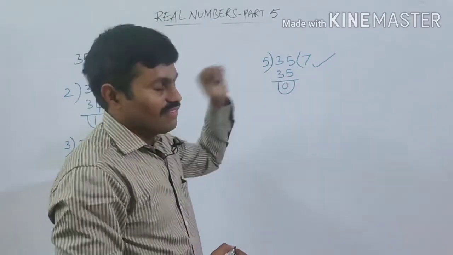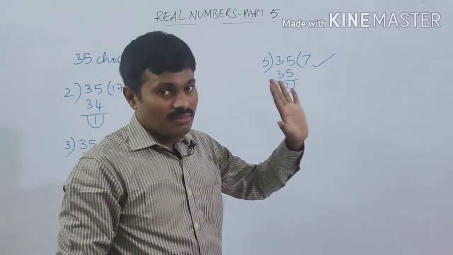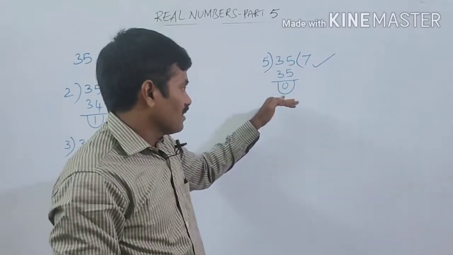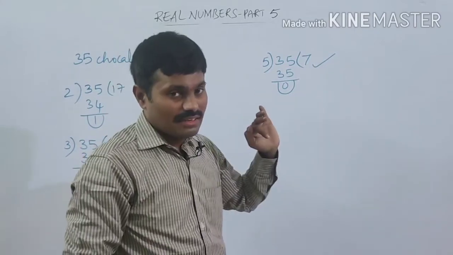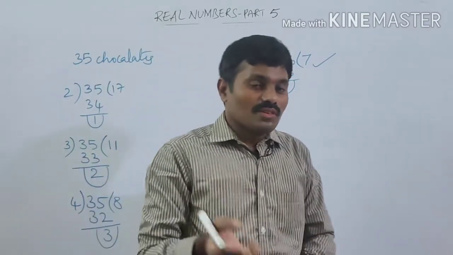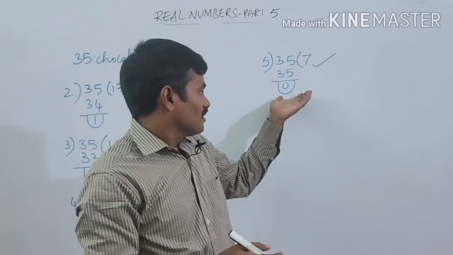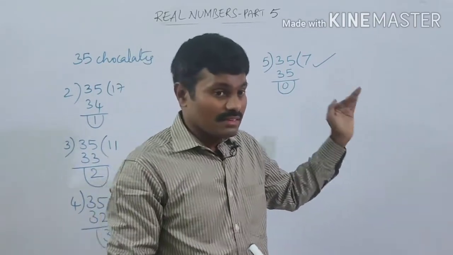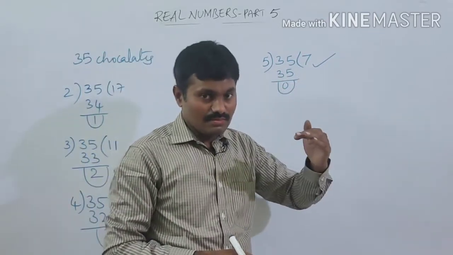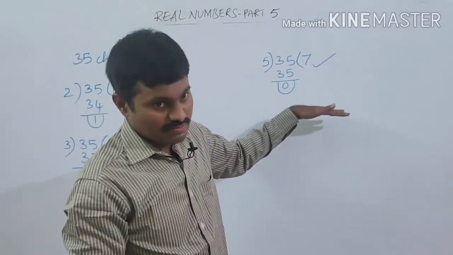So 5 of my friends will get an equal number without anything remaining. Sir, if you distribute to 7 friends also, no chocolate will remain. But 5 is lesser than 7, so in this case it is satisfied. So stop the procedure.